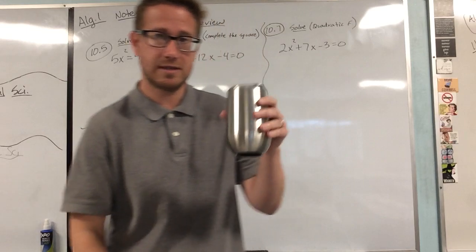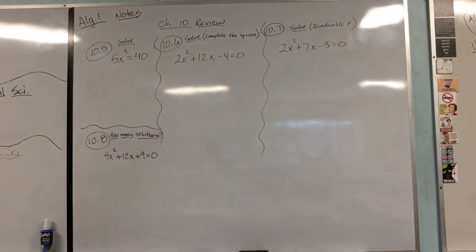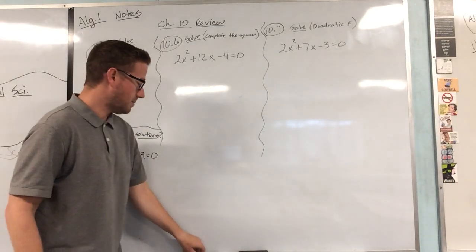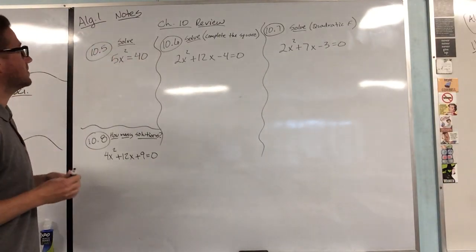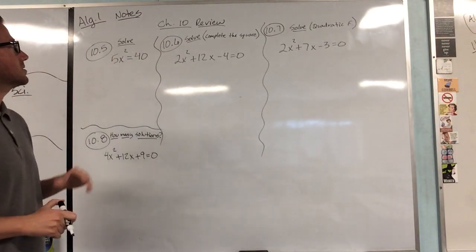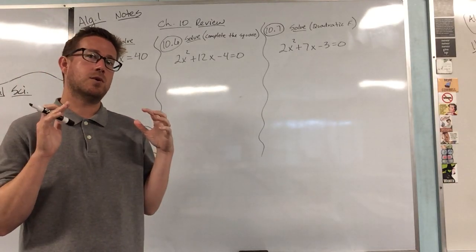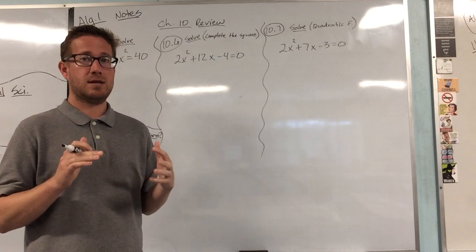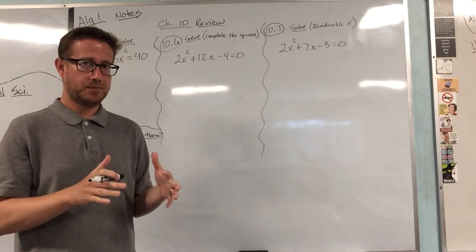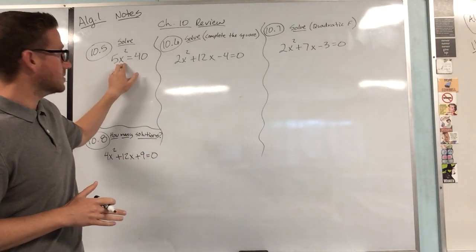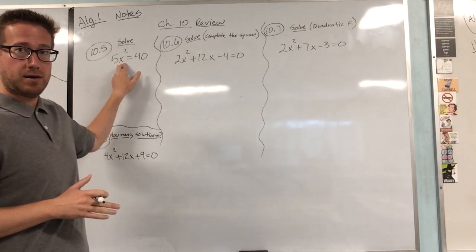All right, let's take a look at section 5. We are asked to solve, and the concept in section 5 was solving using square roots. So you're going to want to do whatever you can to isolate, which means get it alone, the x squared right there.